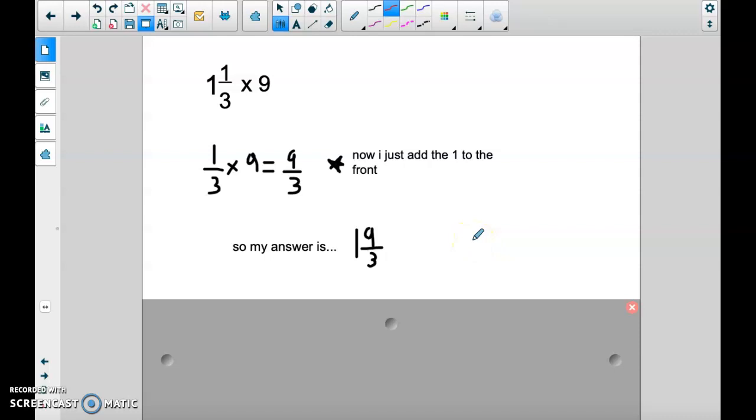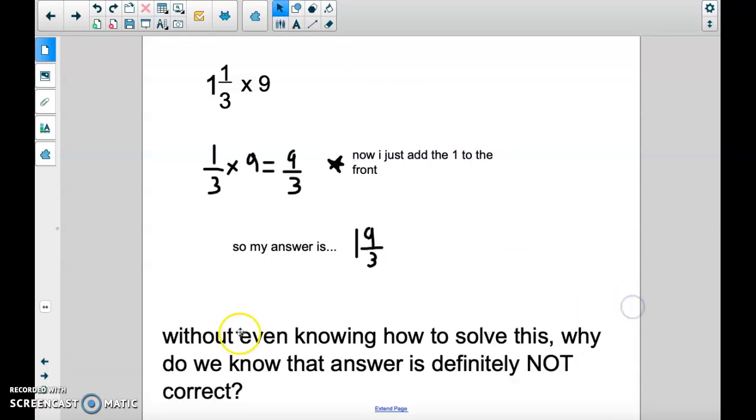Now, hopefully some of us are thinking, wait, Mr. Rupar, this doesn't look right. Okay, before we go about solving it the correct way, let's think about this question. Without even knowing how to solve it, why do we know that the answer is definitely not correct? So pause the video, think about it for a second. How do you know that 1 9/3 is definitely not right for this equation?